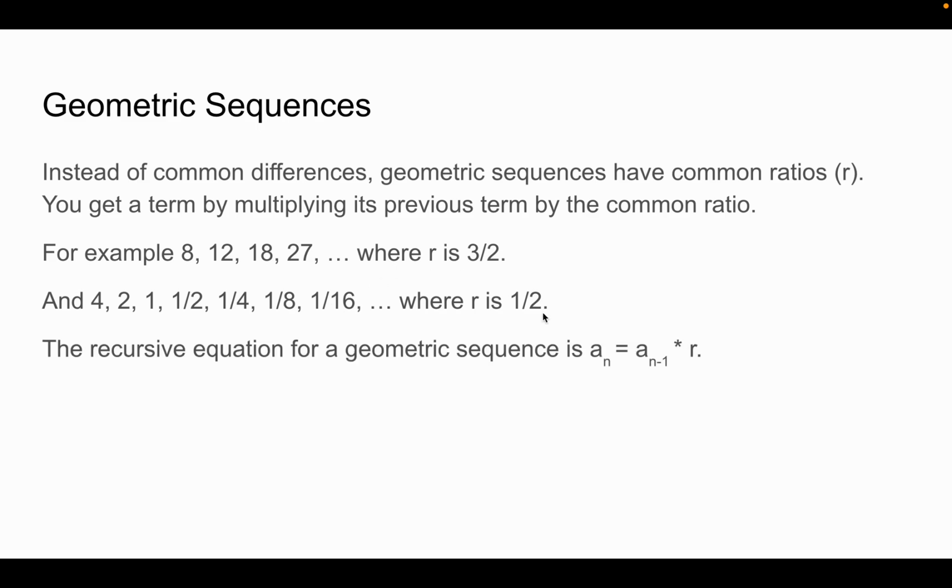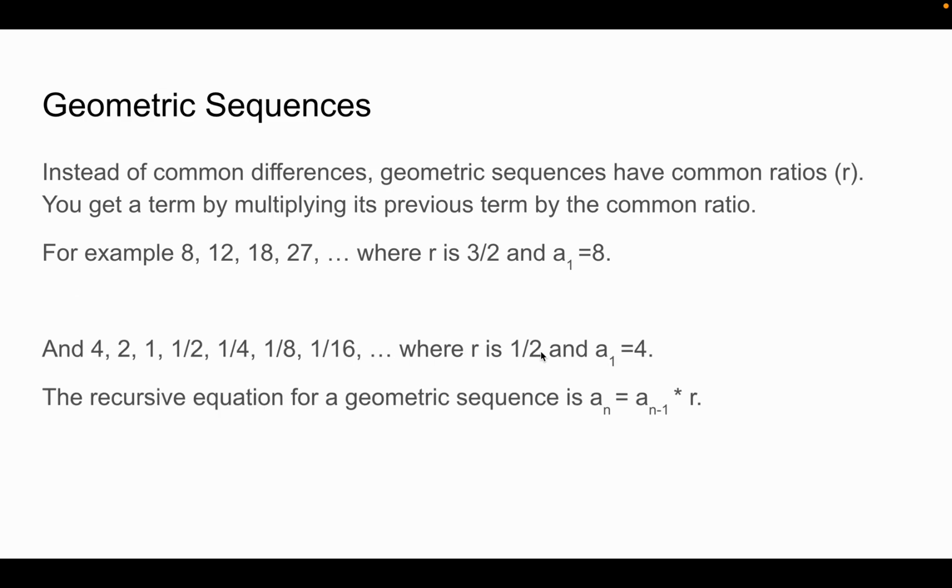And the recursive equation for a geometric sequence is an equals an minus 1 times r. So we see that it's just times r instead of plus d. Now let's find a1 for both of these so that we can have the base case.